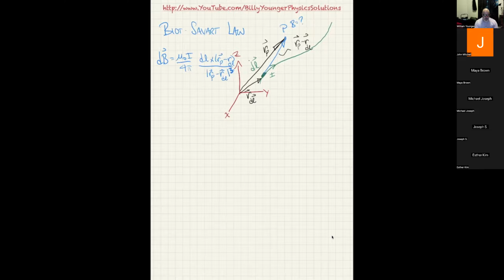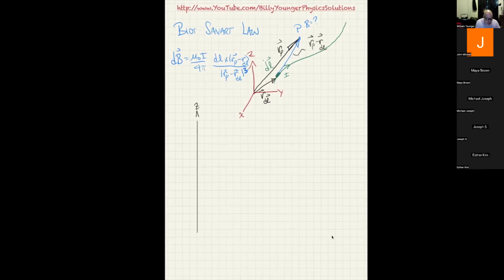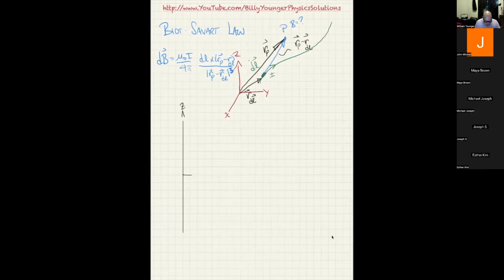Okay, let me show you how that's done. It's not nearly as bad as it seems. So let me start by doing this. This will be my z-axis. Okay, what I'm going to imagine is that I have an x-axis pointing this way.